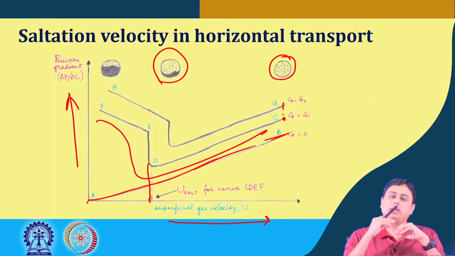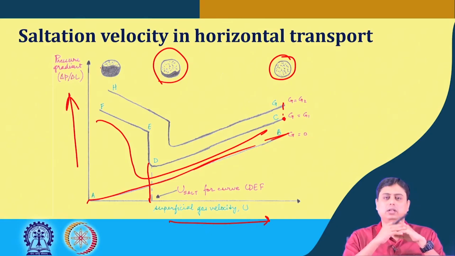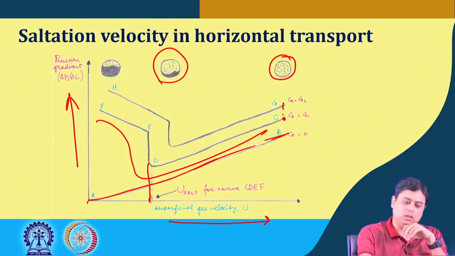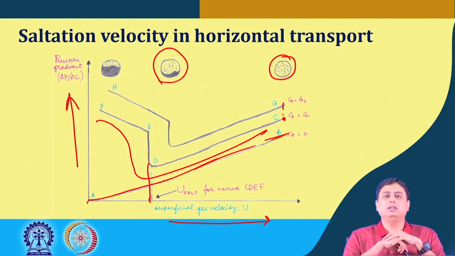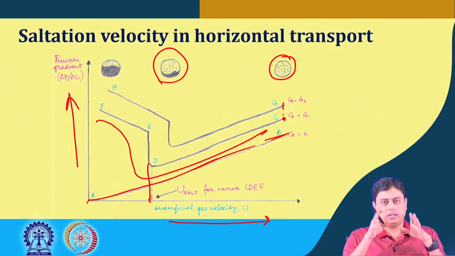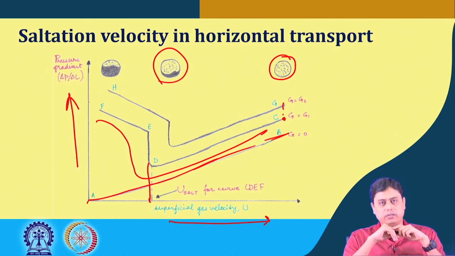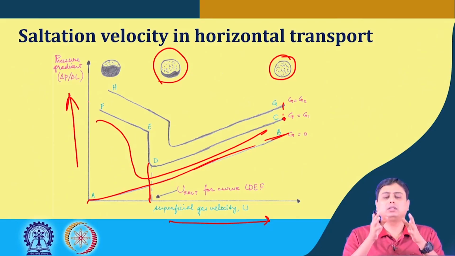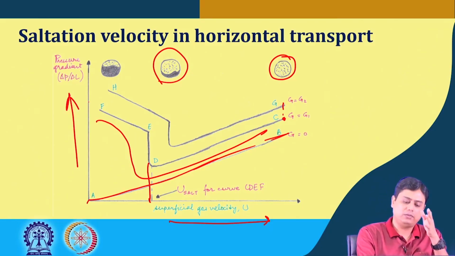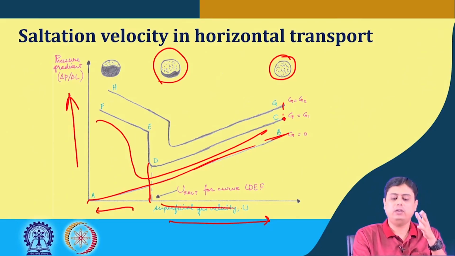Some of the solids will be carried with that gas phase or the air, and then the pressure drop requirement will be further higher. So in case of horizontal transport, this saltation velocity is what demarcates between the dense phase flow and the dilute phase flow.